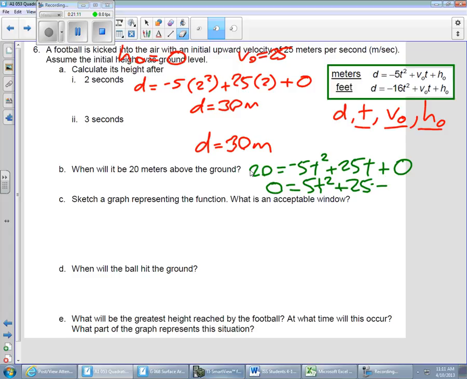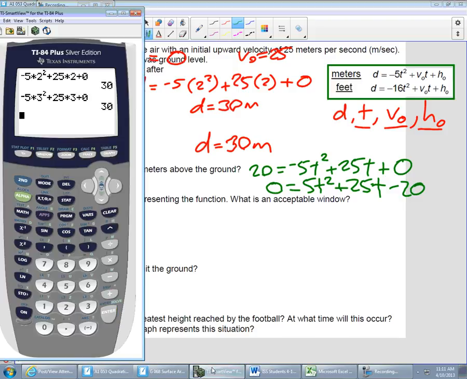Once everything's on one side of the equal sign, we should be pretty much home free. We've been working problems like this for quite a while now. We've got 5 times the variable squared plus 25 times the variable minus 20. Just typing it straight up, hit zoom standard.